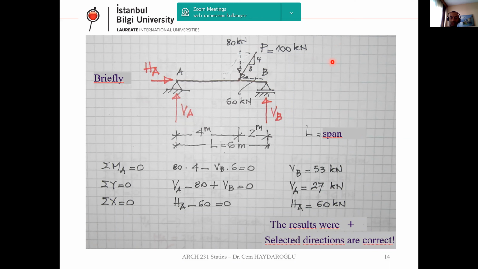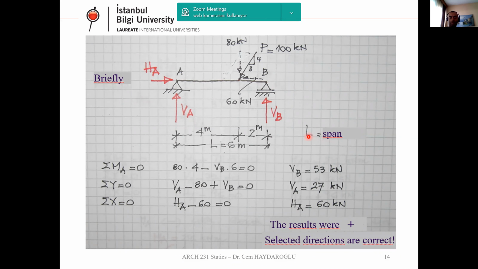Its magnitude is 100 kilonewton, and its slope is proportional to 3, 4, 5. Here we are looking for the support reactions. The total span is 6 meters. The location of this concentrated load is 4 meters away from the left support.